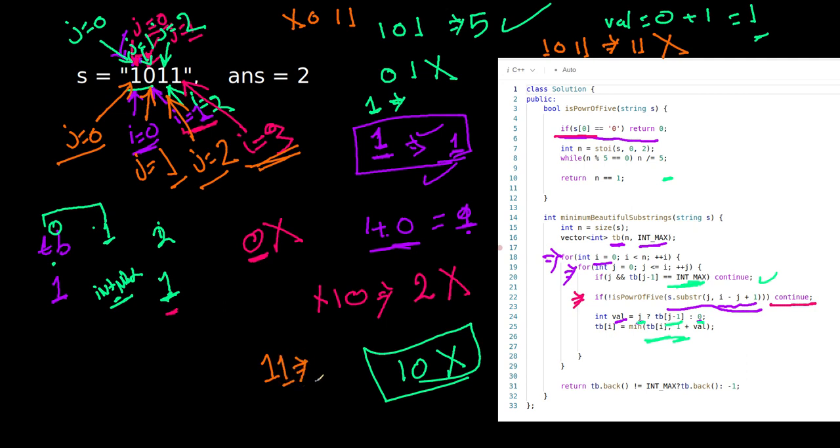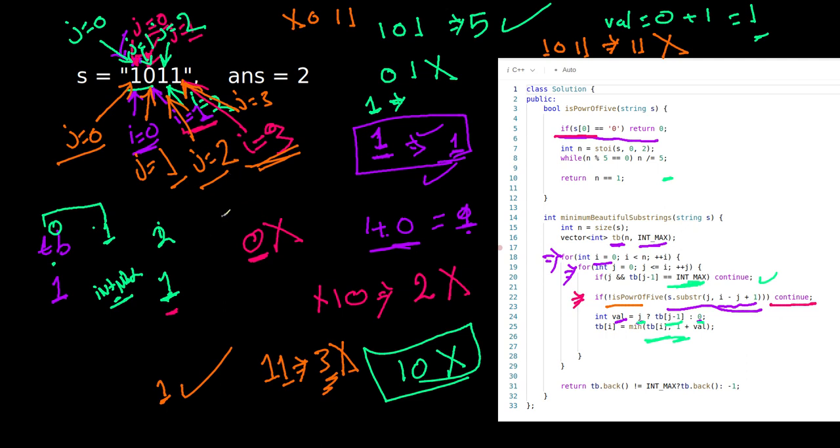The decimal representation is 3, and this is not a power of 5. So we continue. Then we go to j equal 3, the substring is 1, and this is a power of 5.